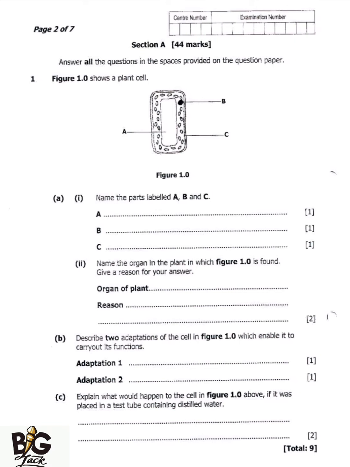So this cell here is a plant cell. Now specifically, this one here is called a palisade cell. The reason why I'm saying this is a palisade cell is because it contains the maximum chloroplast or chlorophyll, which are these. Apart from that, as you can see, this palisade cell is longer vertically than horizontally.